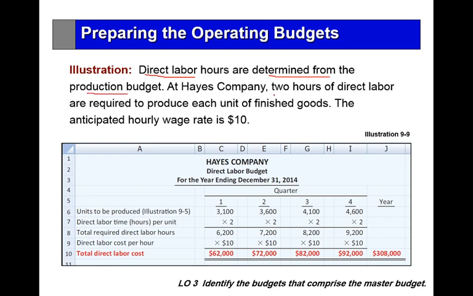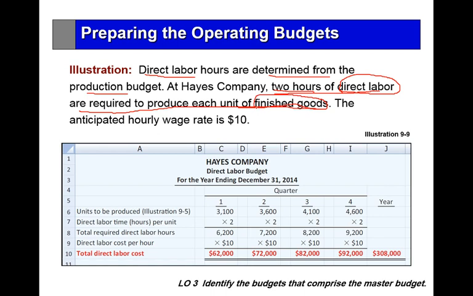At his company, 2 hours of direct labor are required to produce each unit of finished goods. Finished goods is the output, and direct labor is the input. We have 2 hours of direct labor input required to finish 1 unit of output.